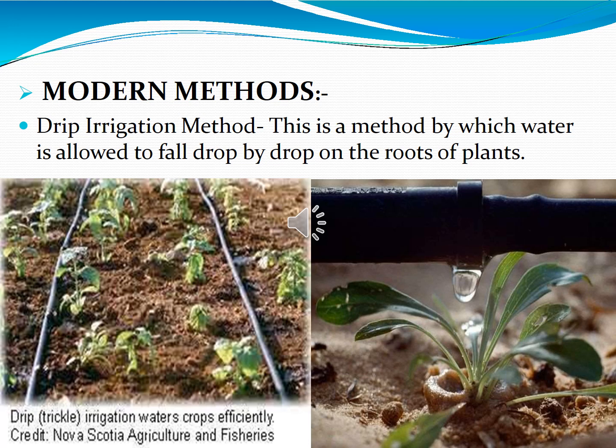Modern methods of irrigation. Drip irrigation system is a modern method of irrigation. In this method, water is allowed to fall drop by drop on the roots of plants. You can see in the picture how the water is directly routed towards the root of the plant.